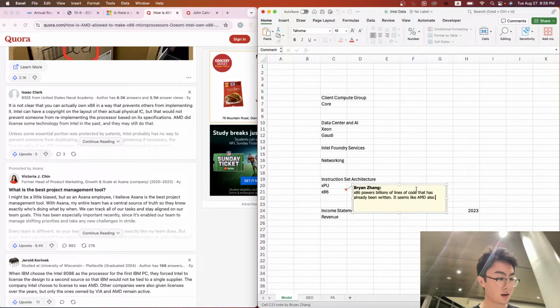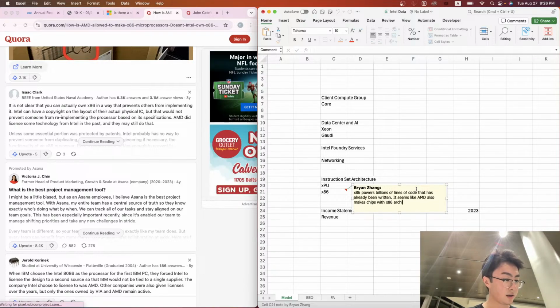AMD also makes this x86 architecture. So this is essentially, I think, the sort of assembly language that you can write, and the underlying sequence of bits that tell your CPU specific instructions, right?